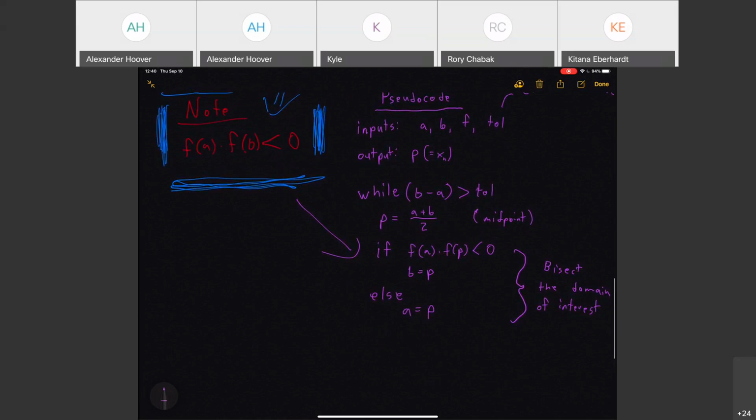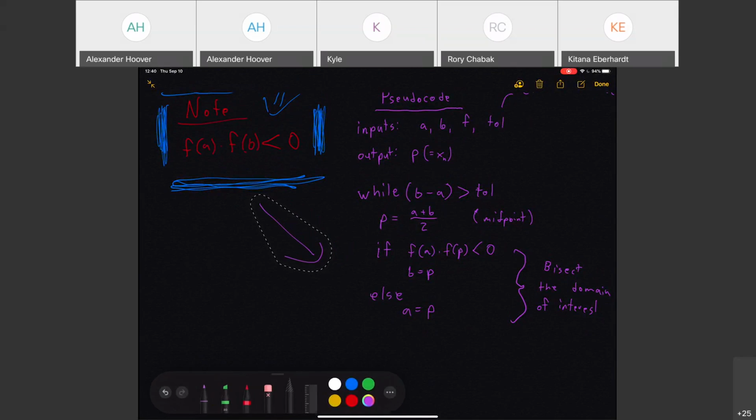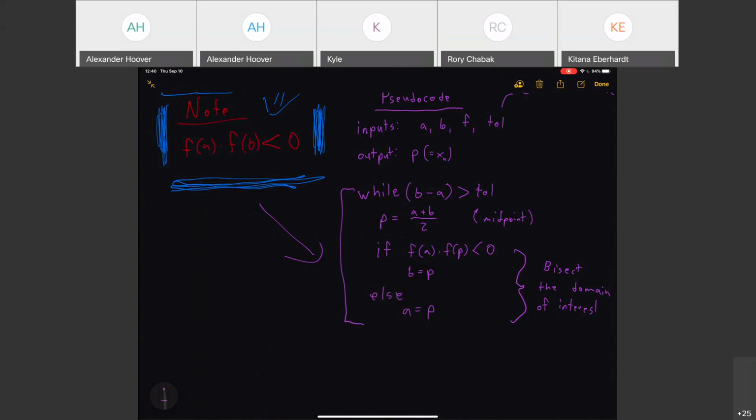All right, so keeping this in mind, this is going to repeat itself over and over until we get below our error tolerance. Okay? So what do we have?